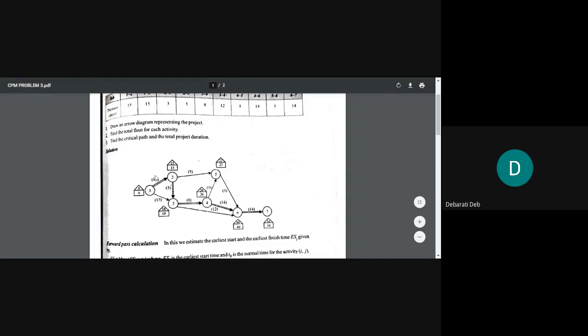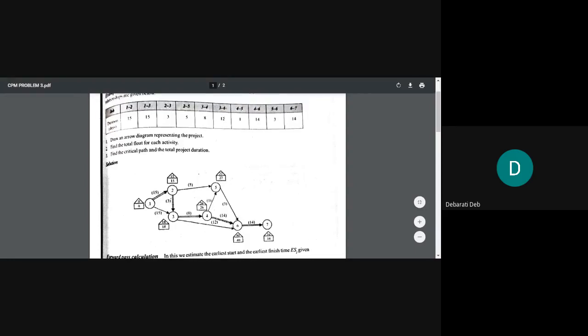Notify the activity with arrows. Then we have 2 to 3. So 2 and 3 also has an activity in between. So 2 to 3 also draw one arrow.